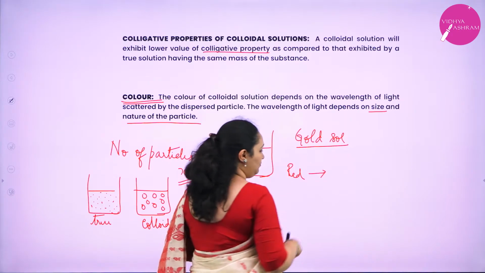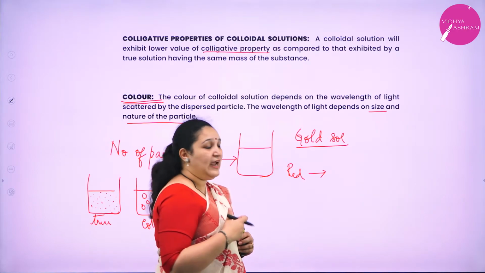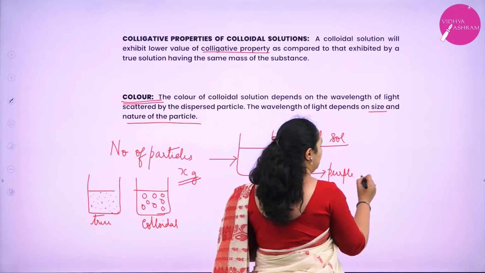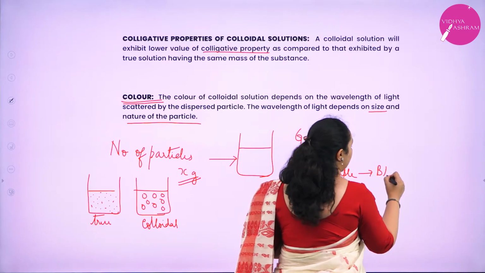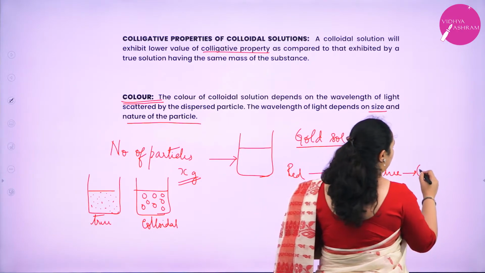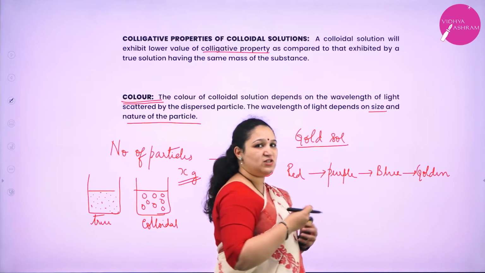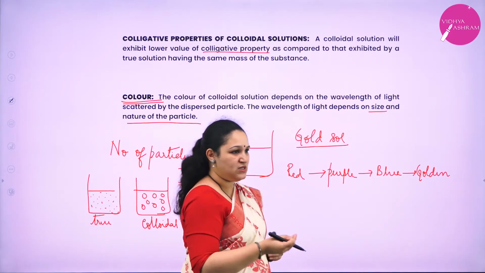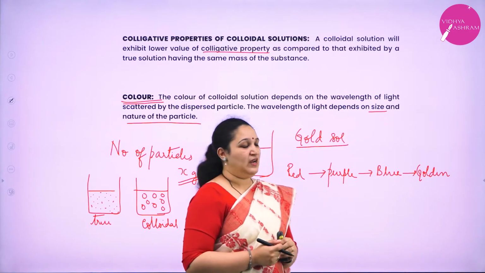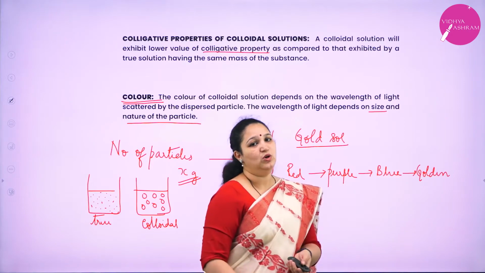As the particle size grows, it will start looking purple, then it will transform into blue, and finally it will look golden. So as the size of the colloidal particle grows, the color of the gold sol continuously changes: from red to purple, purple to blue, and blue to golden.